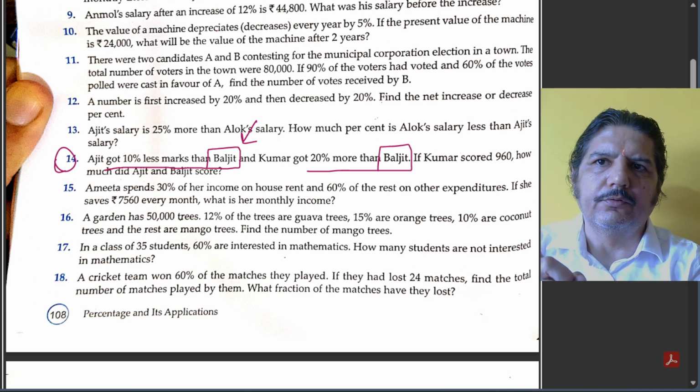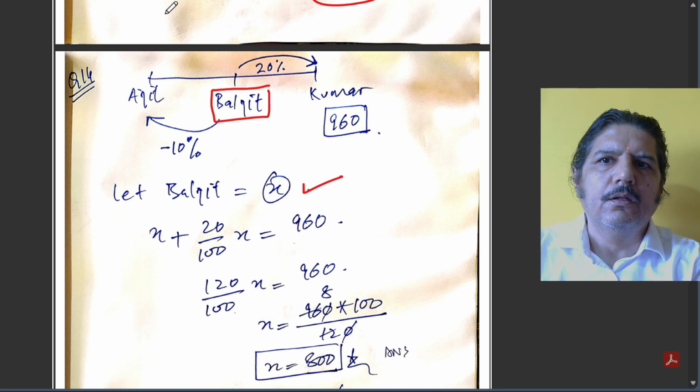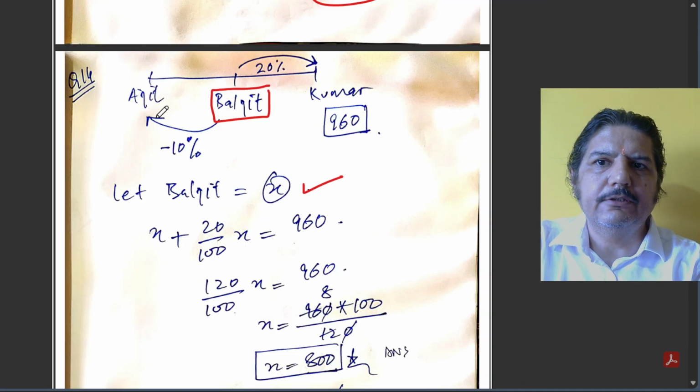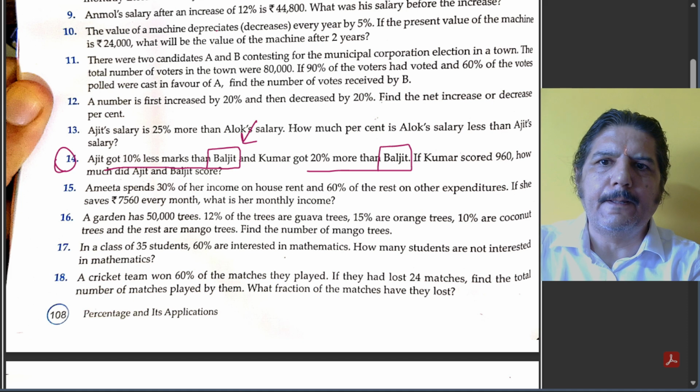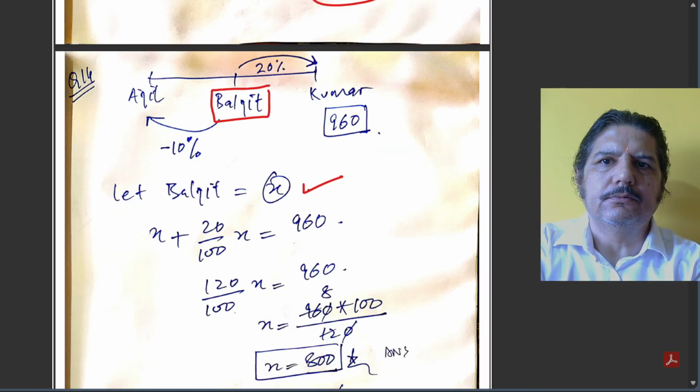So Baljit is common. So what you will assume is that Baljit is X. Now let's look at the question again. Ajit scored 10% less marks than Baljit. Kumar got 20% more than Baljit.